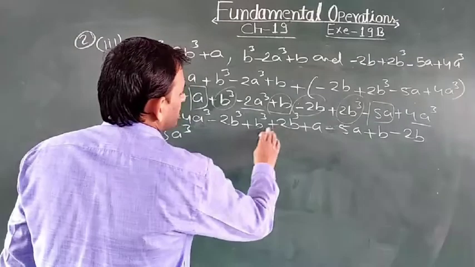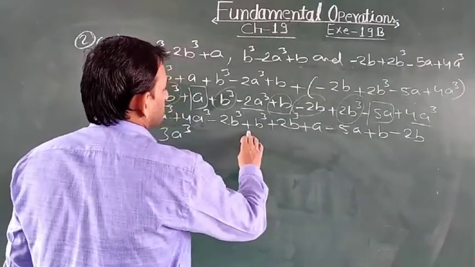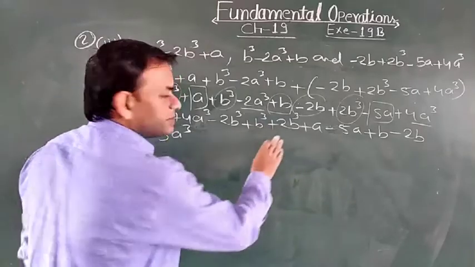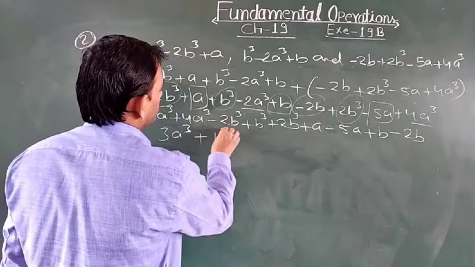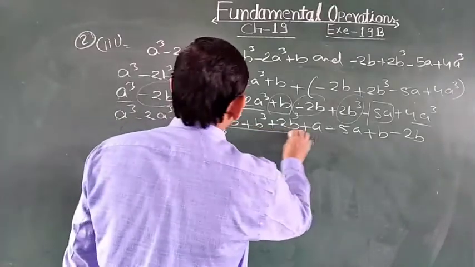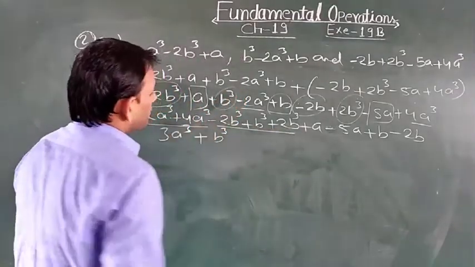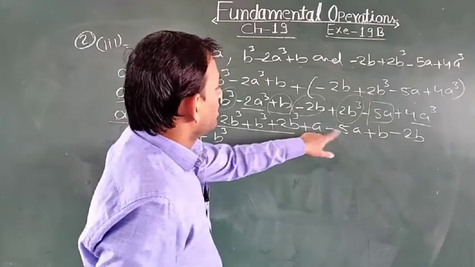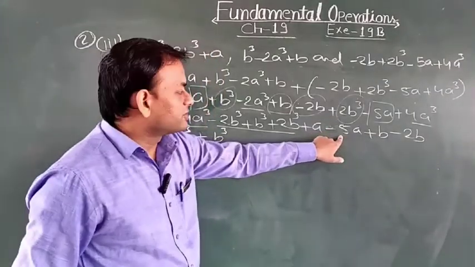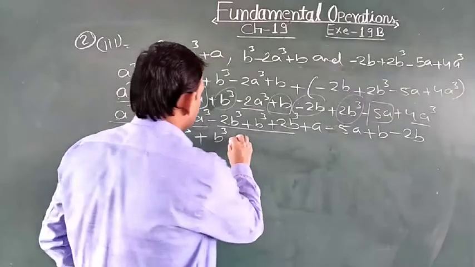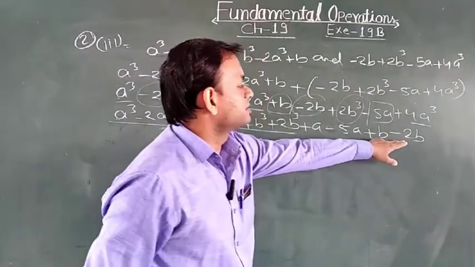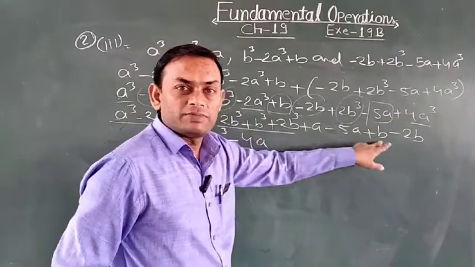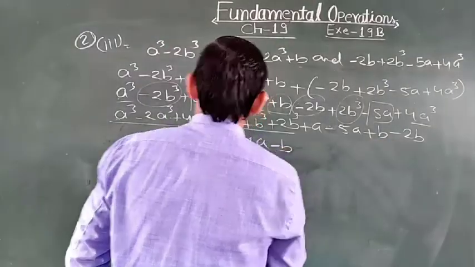So plus 2b cube and plus b cube is plus 3b cube, and 3b cube minus 2b cube gives plus b cube. Now this and this are solved. After that, minus a and plus a cube... minus 5a and plus a, you will get minus 4a. And then minus 2b and b, you will get minus b.